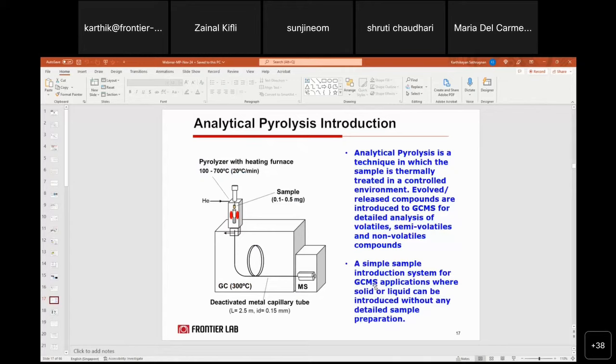The outlet of the pyrolyzer is connected to the GC inlet, which means all compounds are transferred to the GC column for separation and subsequent detection by the detector. So one can see this micropyrolyzer is more like a sample introduction kit for solid sample analysis.